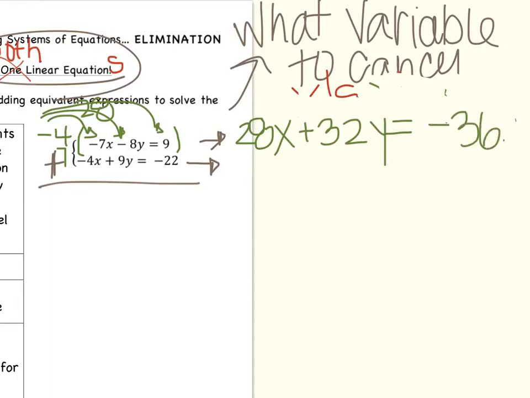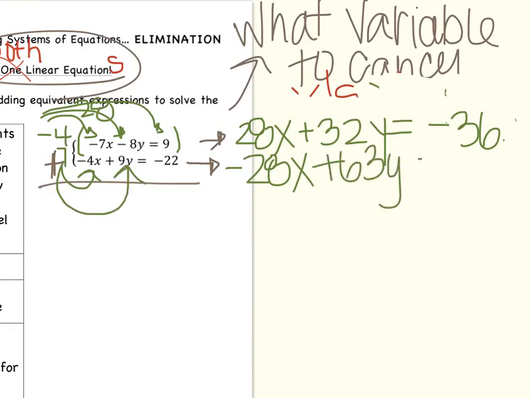Now for my second equation, I have to do the same thing, but I have to multiply by a positive 7. So 7 times negative 4x gives me negative 28x. 7 times 9y gives me positive 63y, and it's equal to 7 times negative 22, and if you plug it into your calculator, you get negative 154.